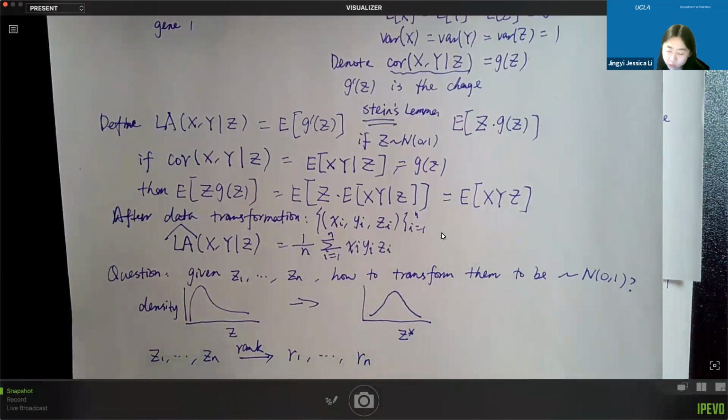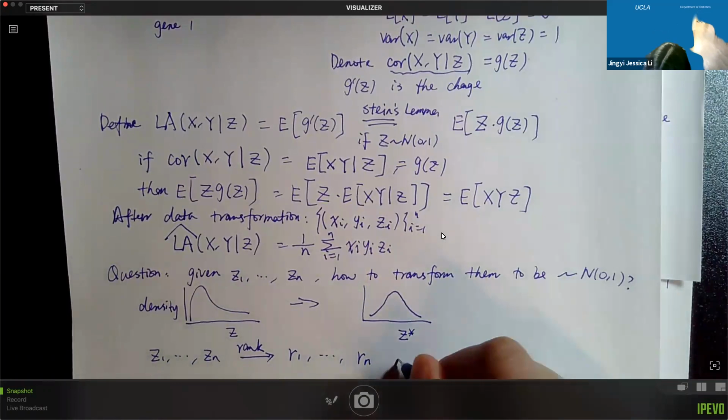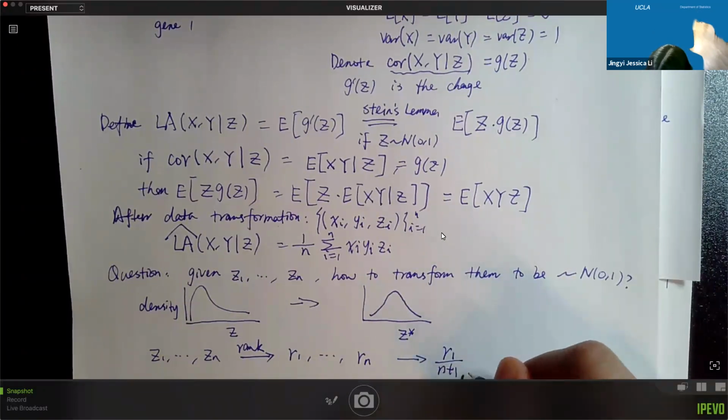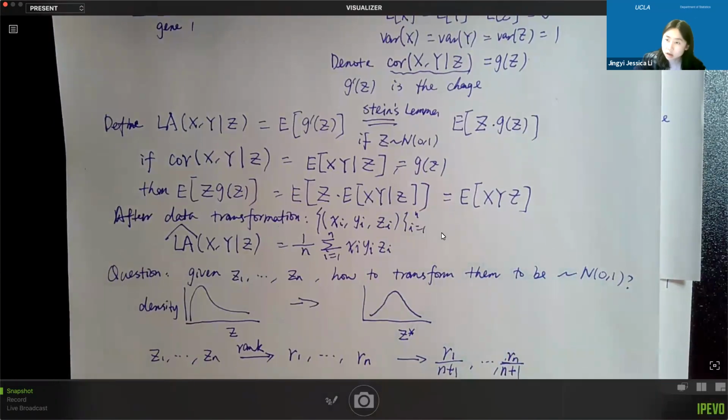So therefore, what we can do is convert them to R1 divided by n plus 1 to Rn divided by n plus 1. This will imply that the minimum is 1 over n plus 1, and the maximum will be n over n plus 1.